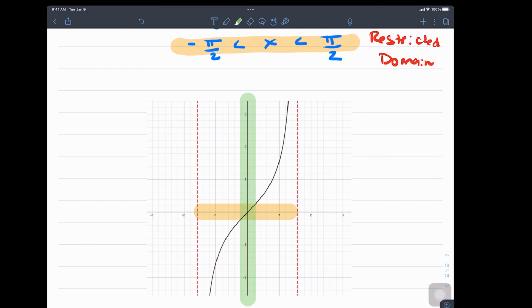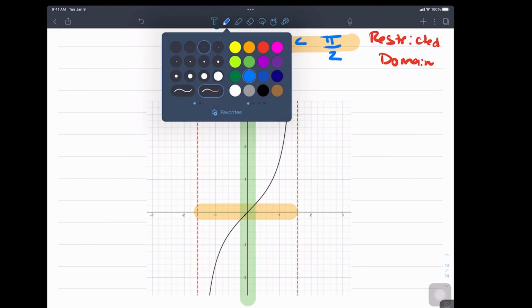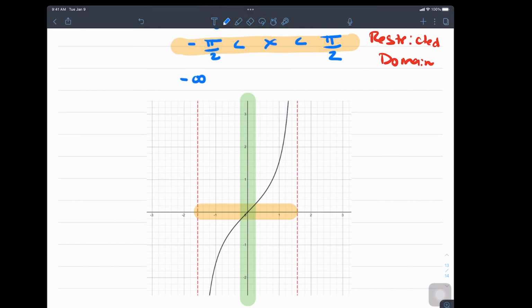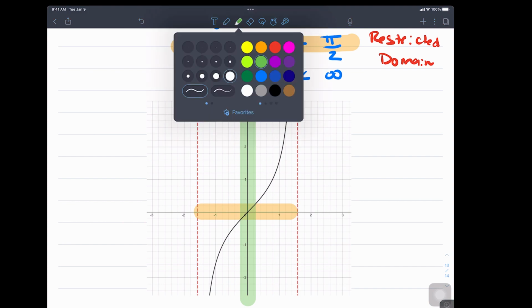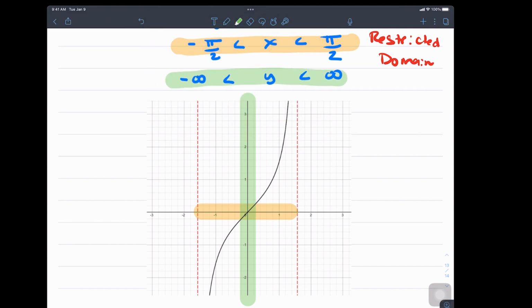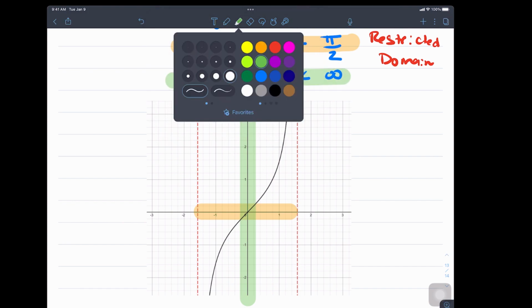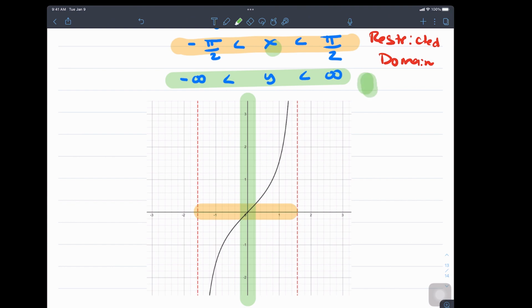Yeah, what you'll see is this. They'll put negative infinity less than y less than positive infinity. Do you guys know what that's really code for? That's all they're saying, this is all real numbers. Any real number is the range.